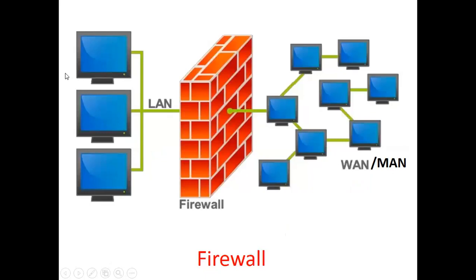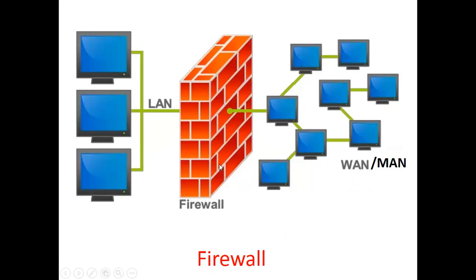See here, this is LAN, here is the firewall, and here is MAN or WAN. In general, for example, let's consider the example of our computer lab. Our lab has a LAN connection, and this LAN connection is connected with different types of MAN and WAN also.